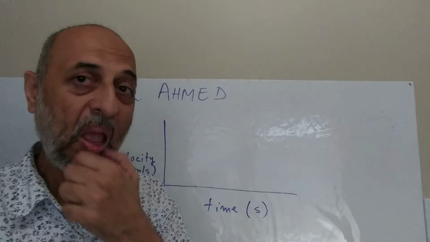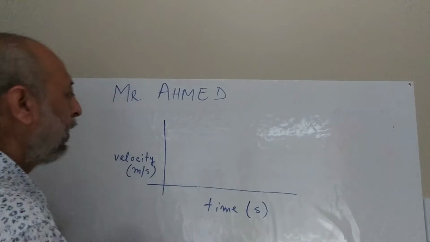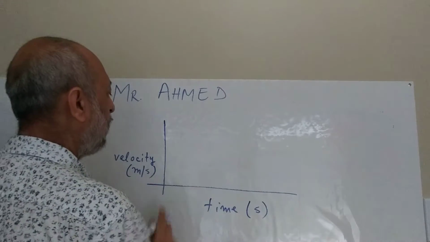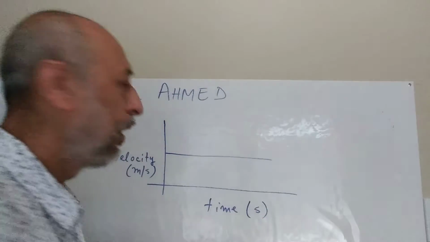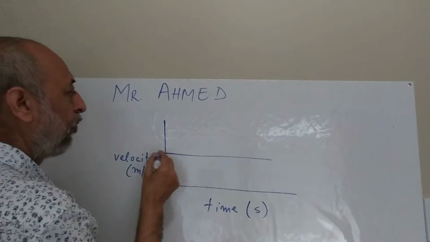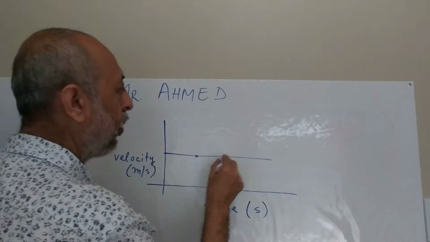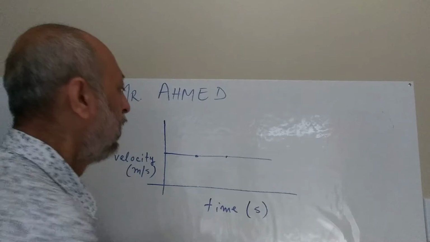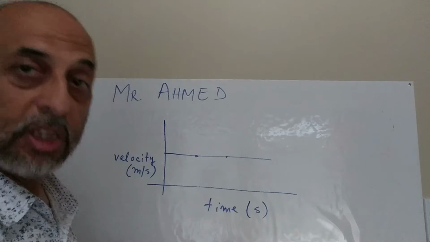So if a graph is drawn between velocity and time, and for example, if a graph is drawn like this, at any given time, whatever the value might be, if it's a horizontal line, the y-coordinate of the horizontal line will always be the same.